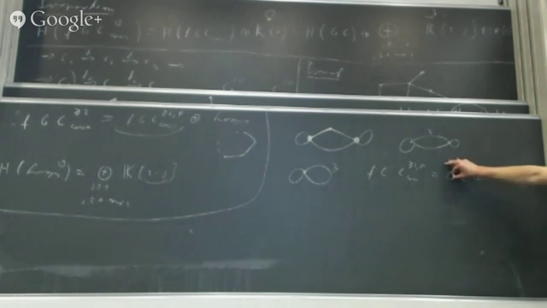This doesn't have 2 valent vertices, this has at least 1 2 valent vertex. Now I want to show that the homology of this is 0, and I'm done.